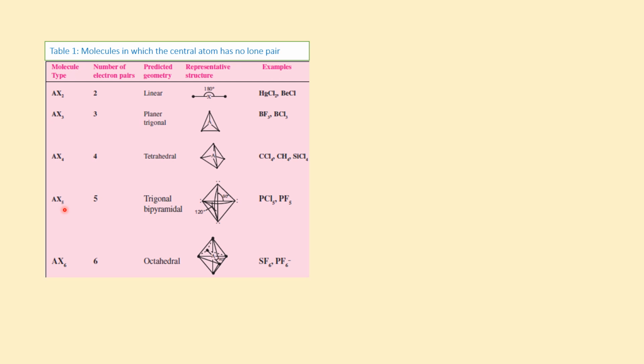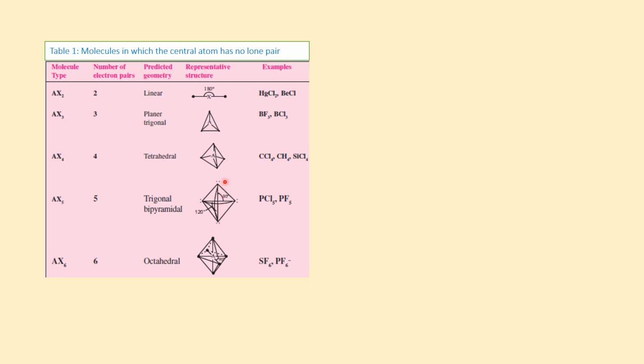In the case of AX5 type of molecule, there are 5 electron pairs and the predicted geometry is trigonal bipyramidal. It is trigonal, and at the top there are 2 pyramids.